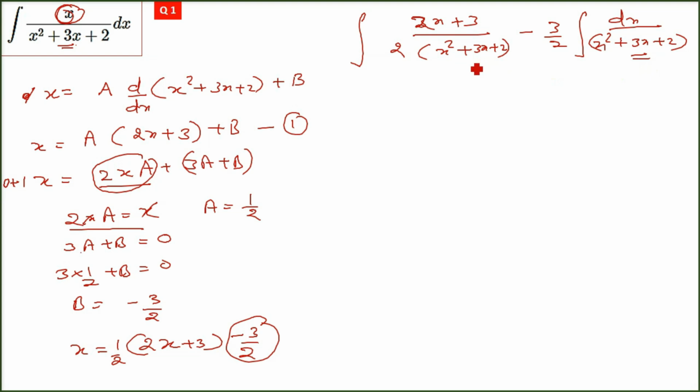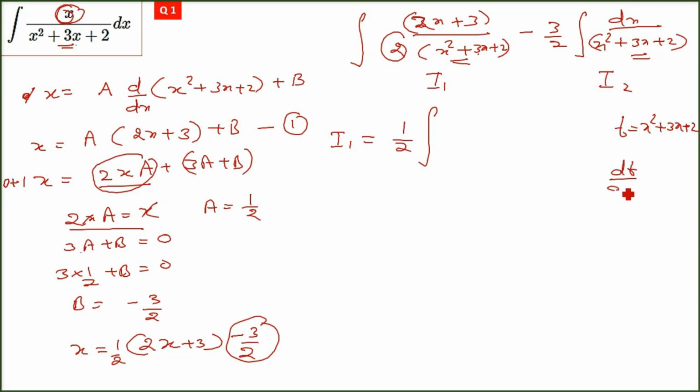So the first term is quite easy because it's a direct differentiation of the denominator. Let me call them I1 and I2. We will integrate them separately and then combine them together. So for I1, we can take this half outside. The denominator x square plus 3x plus 2, if you take it as t, dt by dx will be equal to what?